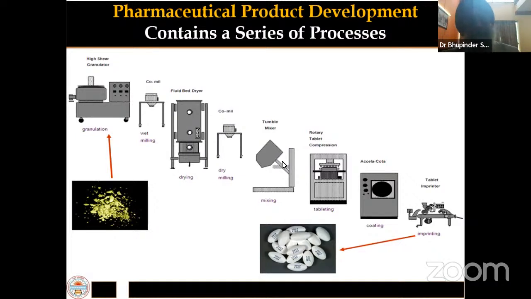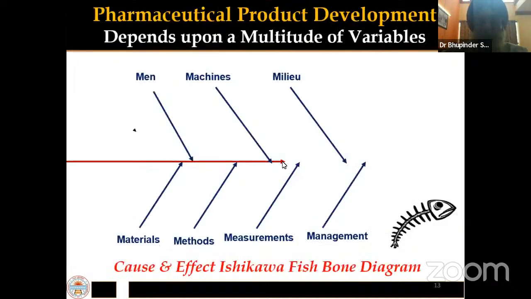Now each of such processes is marked with the possibility of variation. So the overall product quality is dependent upon so many possible variables. From a management perspective, such variabilities are always discerned in the form of a cause and effect Ishikawa fishbone diagram.